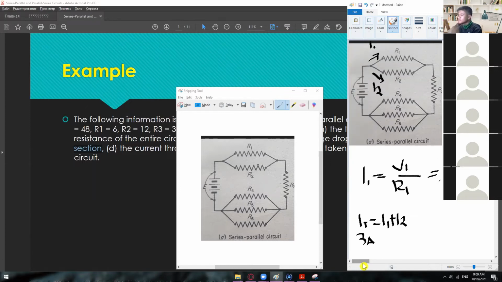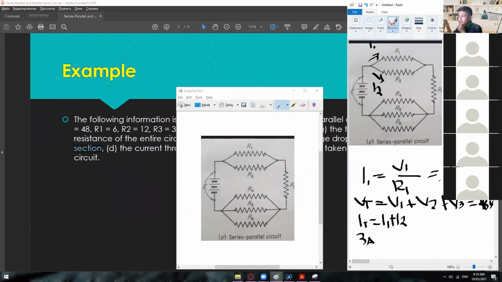Laki. What am I missing? So yung computation pala dito, V total, kapag naging series connection na siya, V1 plus V2 plus V3. Ganun dapat, which is equal to 48 volts.